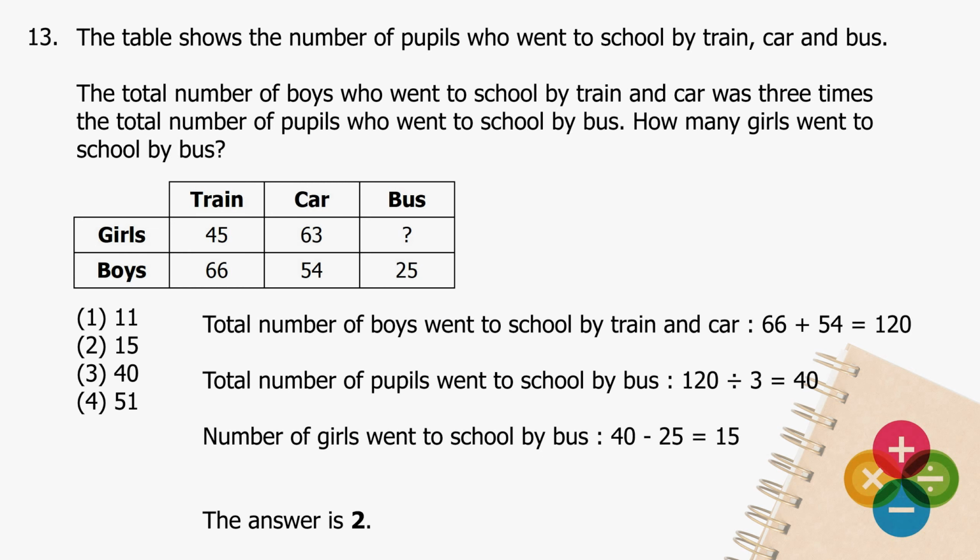The total number of boys who went to school by train and car will be: add 66 to 54, and the sum is 120. The total number of pupils who went to school by bus will be: divide 120 by 3, and the quotient is 40. The number of girls who went to school by bus will be: subtract 25 from 40, and the difference is 15. The answer is 2.